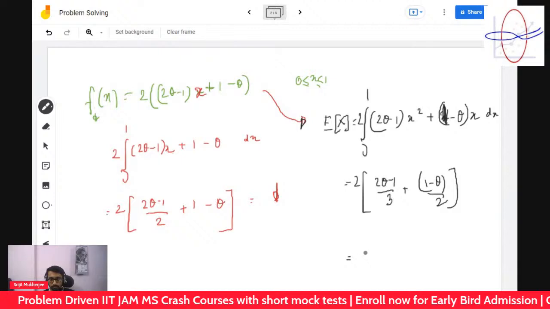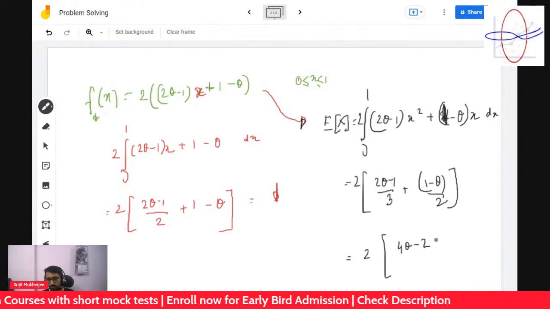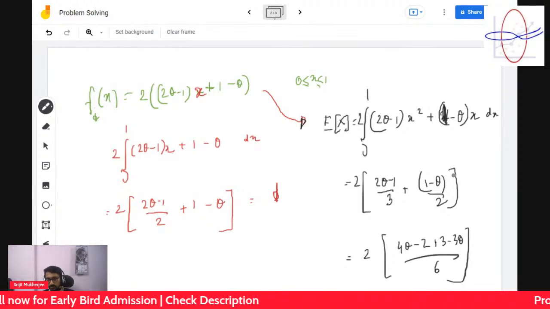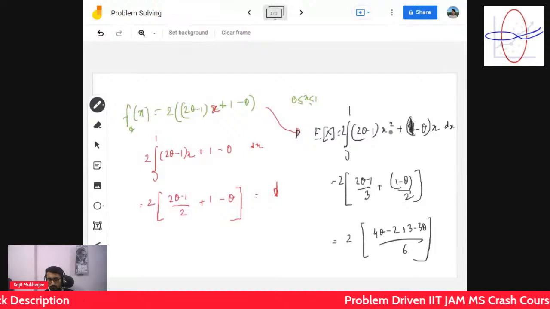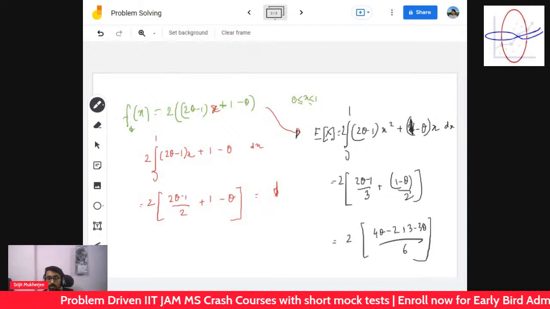Very good. So we have (4 theta minus 2 plus 3 minus 3 theta) by 6. So it's turning out to be (theta plus 1) by 3.